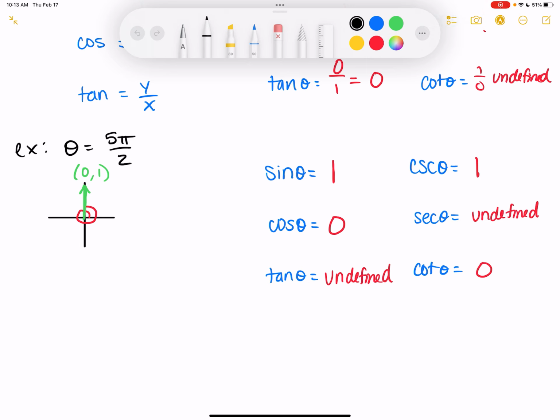We can do the same thing with these. So I started here, and this is 0, and then 1 pi over 2, 2 pi over 2, 3 pi over 2, 4 pi over 2, 5 pi over 2. So I just keep counting around. And if it was negative, I would just do the same thing, but in reverse.